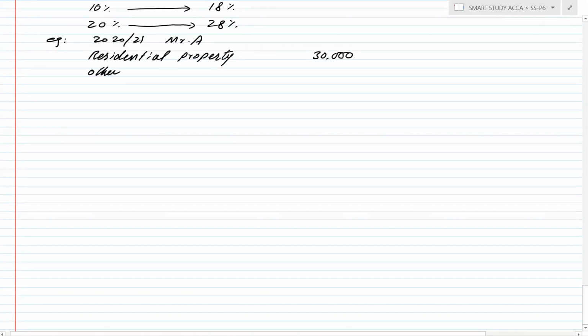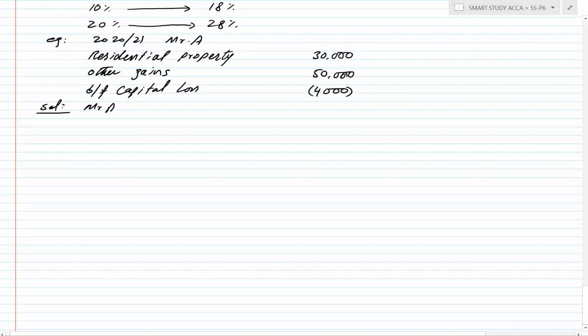He has other gains of £50,000. There are a few brought forward capital losses of, say, £4,000. And now we are going to solve this example.